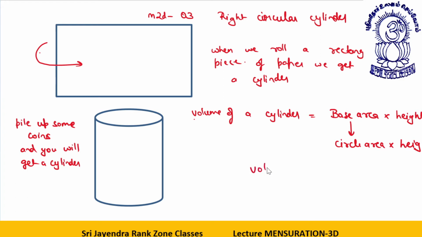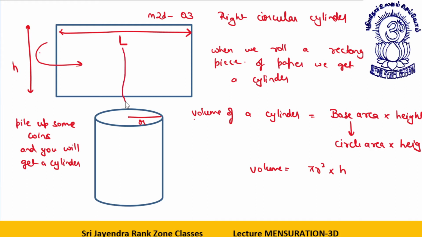So what will be the volume? Let's say this radius is r, then volume will be pi r square into h. Second thing, for this rectangle, this is the length, this is the height, and this portion is its length L. So this L is converted into 2 pi r.